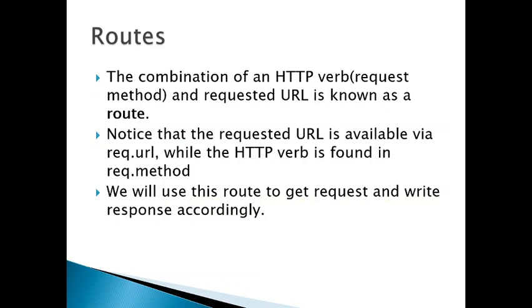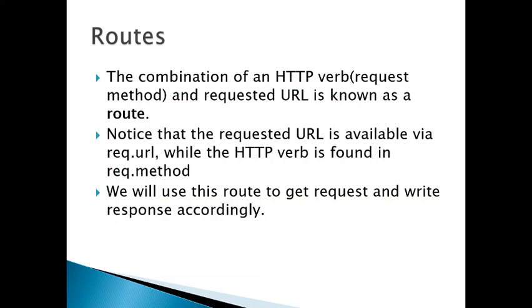A route is a combination of URL plus verb. Now a browser requested slash abc with the get method. Now get plus slash abc is the route. Same slash abc can be called with the post. Same abc can be called with the put.